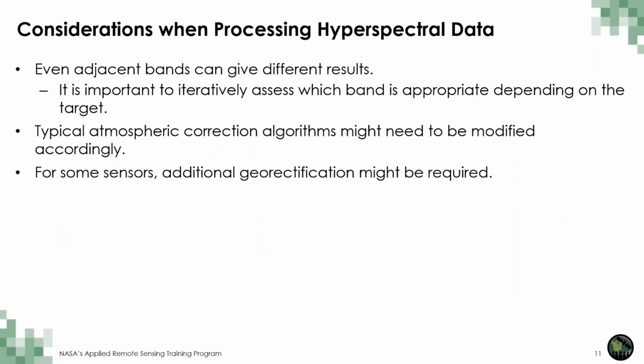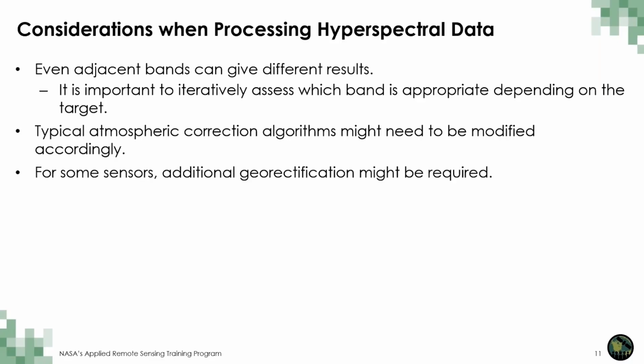Now, there are some considerations when processing hyperspectral data that we have to go through. For instance, even adjacent bands can give you completely different results. So it is important particularly to do an iterative process to choose which band is the appropriate one depending on the target. Now, also, typical atmospheric correction algorithms might need to be modified accordingly depending on the sensor.